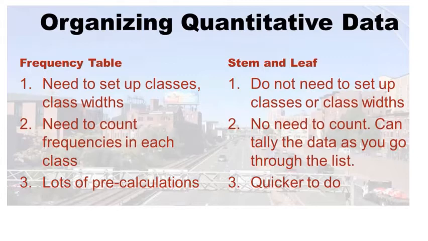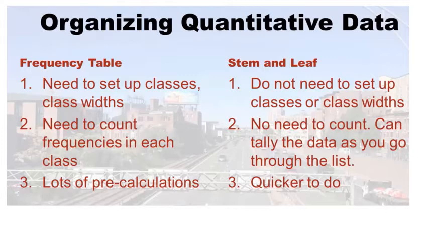Okay, so two different ways. These are really great ways of organizing your quantitative data: frequency tables and stem and leaf. We already learned how to do a frequency table, which was a lot of fun. Remember, we got to set up classes and we did class widths, and then we looked at the class limits and everything like that, and it was great. We even had a special formula we used to create the class widths for each class limit.